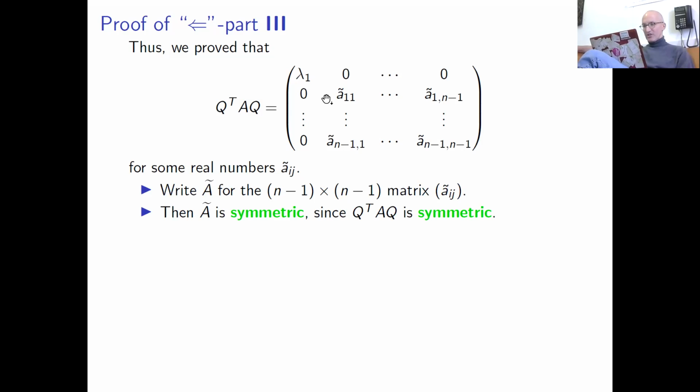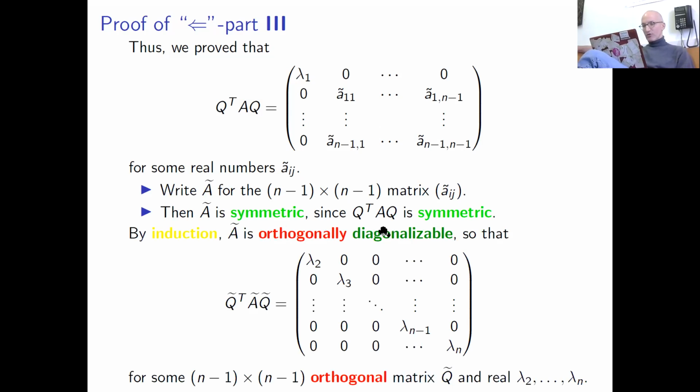It's symmetric because the big matrix is symmetric, so it is orthogonally diagonalizable. So we can find an orthogonal matrix Q tilde such that Q tilde transpose times A tilde times Q tilde is a diagonal n-1 by n-1 matrix. Here we use our induction assumption.